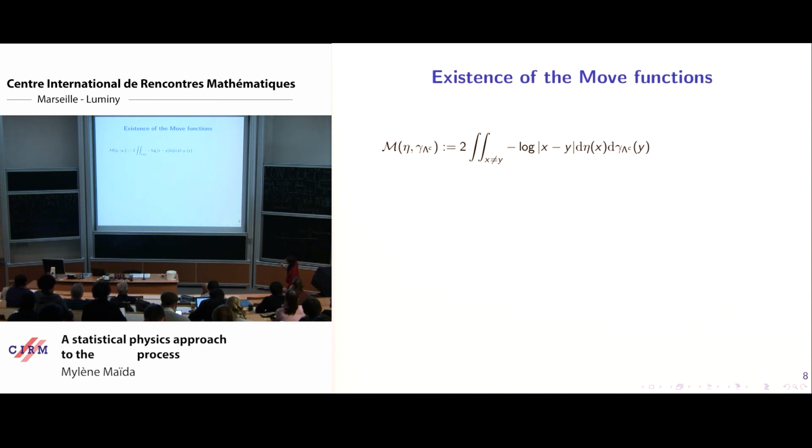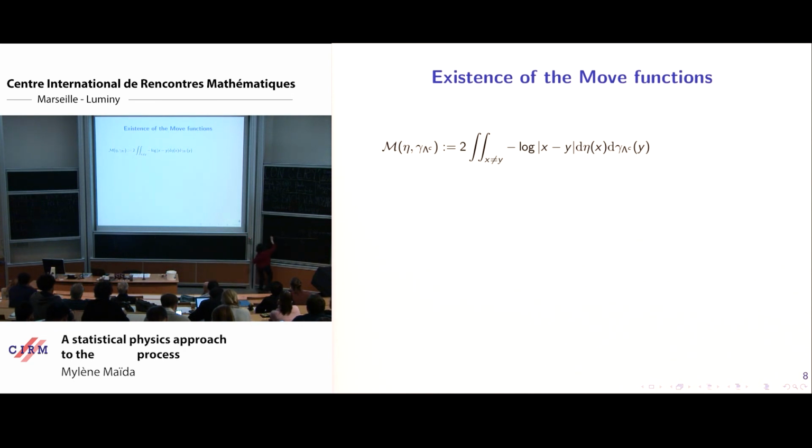So how would you like to define those move functions? Okay, so it's the logarithmic interaction between the configuration inside and the configuration outside. In fact, what you have to do to define such a quantity is just to define the quantities inside a very big box containing your lambda.